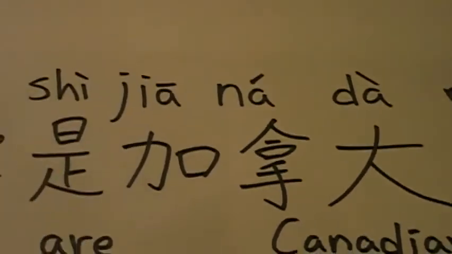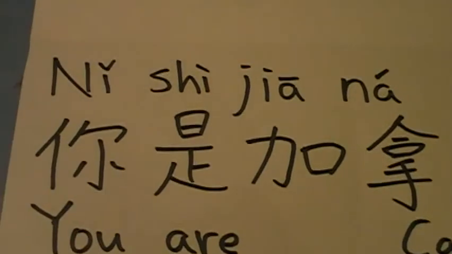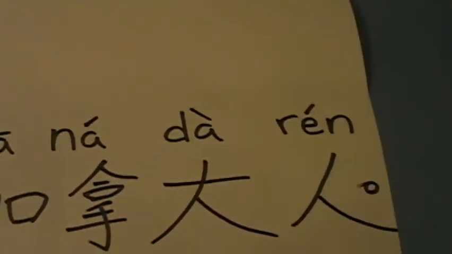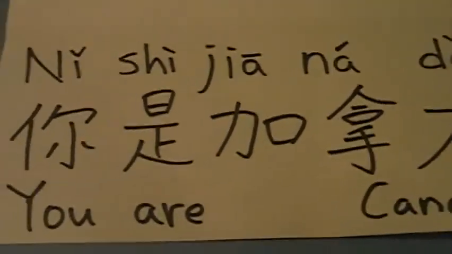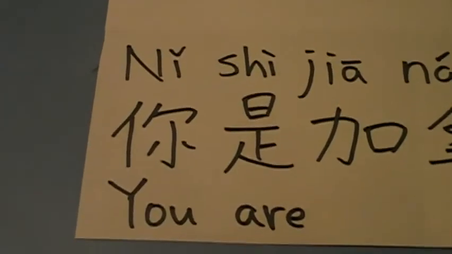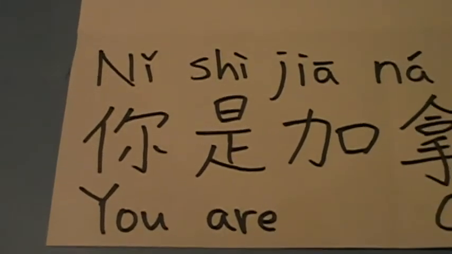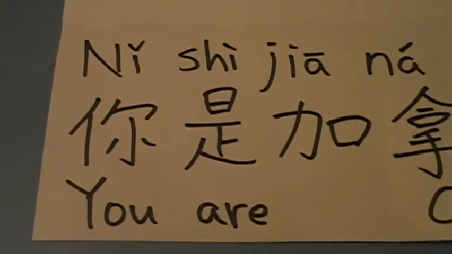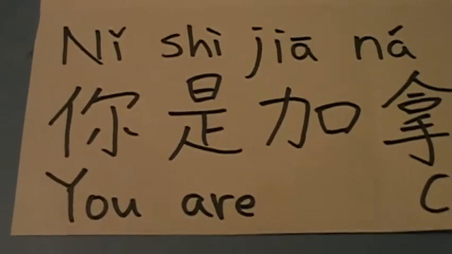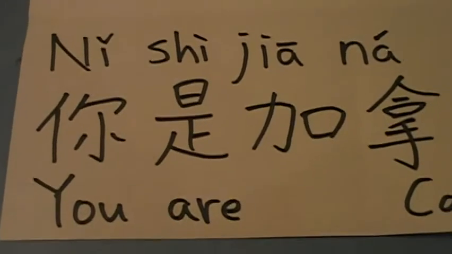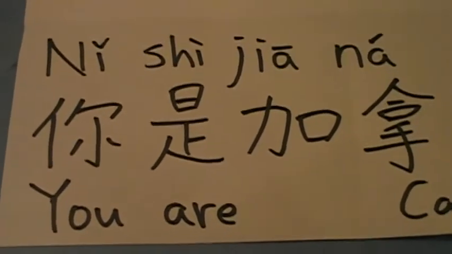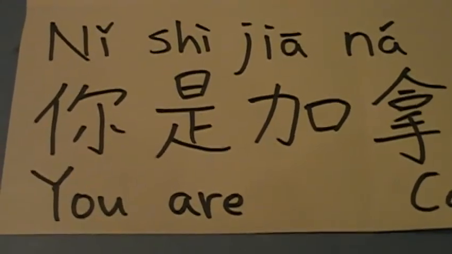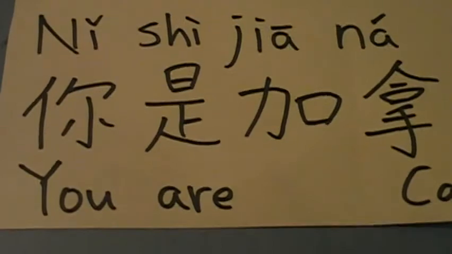And lastly, the inevitable example, 你是加拿大人, which means 你 you and 是 are because of the you. Though this difference is insignificant in Chinese, as 你是 will denote you are without changing any of the characters, as in 我是 will be I am, but the 是 will remain the same.